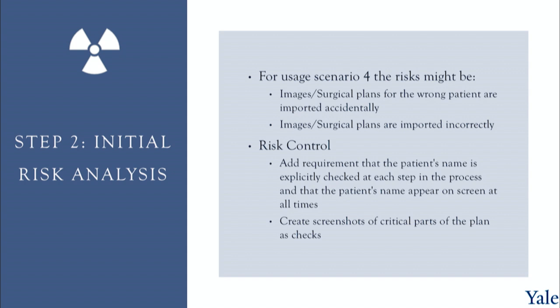And so what are the risk control measures? We could add a requirement that the patient's name is explicitly checked at each step in the process and that the patient's name appears on the screen at all times. And in fact, if you see a piece of software like this, the patient's name is always on the screen. We may also create screenshots of critical parts of the plan as checks so we can look at them next to each other. So the way these enter into the process is as additional non-functional requirements. That's the only way in.